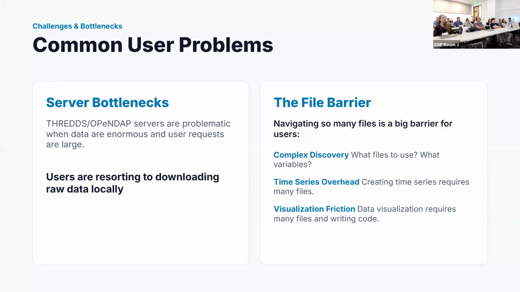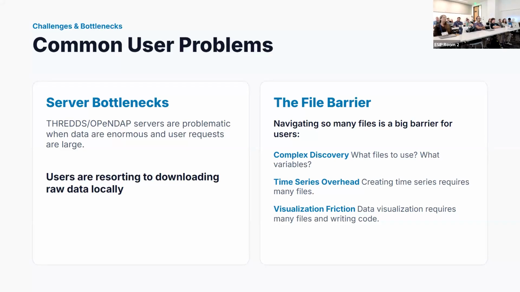So I'm going to be talking about how virtual stores, and services built on those stores, which for us come from the ArrayLake platform, solve user barriers. There are two barriers I'll talk about.